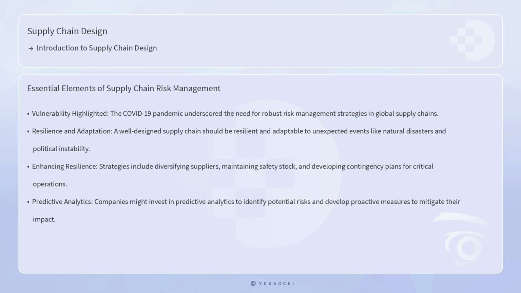Strategies for enhancing supply chain resilience include diversifying suppliers, maintaining safety stock, and developing contingency plans for critical operations. Companies might also invest in predictive analytics to identify potential risks and develop proactive measures to mitigate their impact.